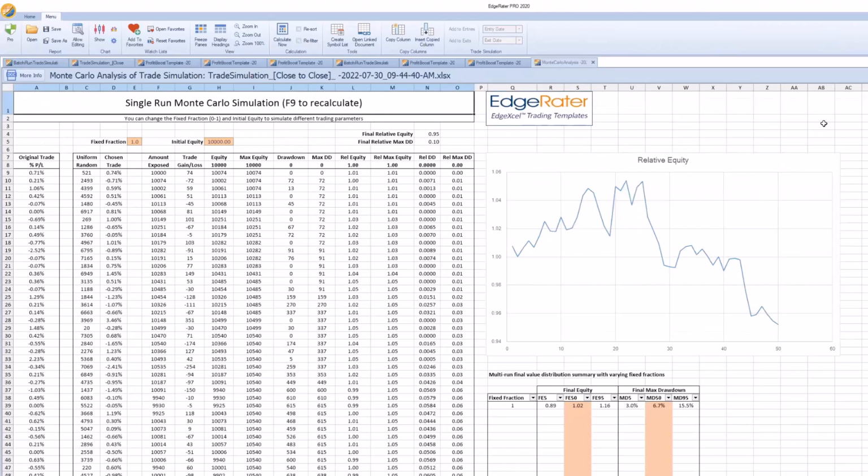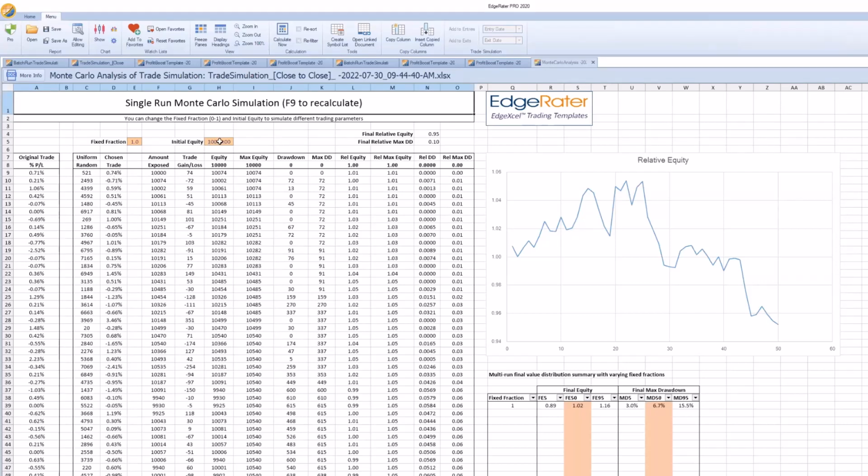And then the Monte Carlo simulation is randomly taking, uniform random, a random pick from that bucket of 7,000 trades, and it's saying that's the chosen trade. So the first line here, the chosen trade, was number 521, and that was a 0.744% gain.